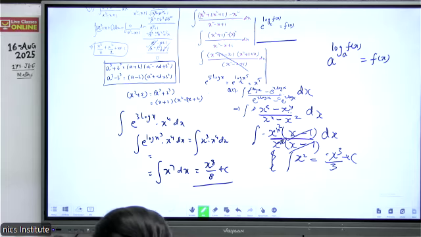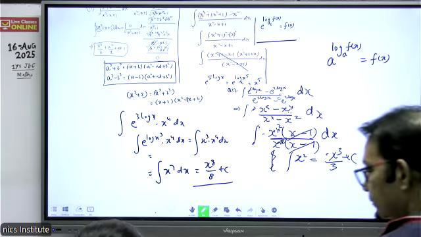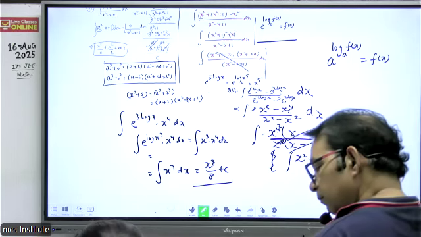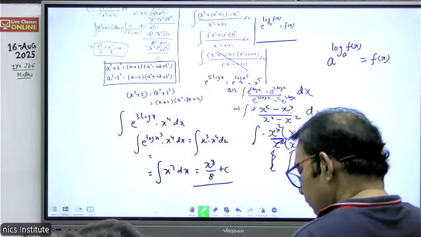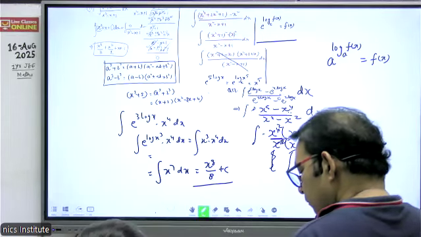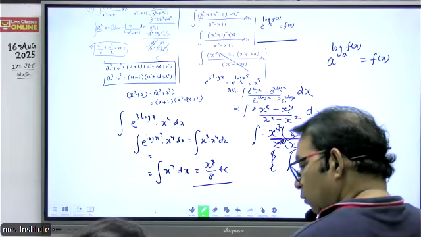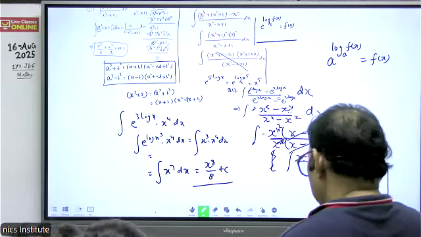A to the power x by log a है. अभी तो किया था. Two sin square x, 2 cos square x.